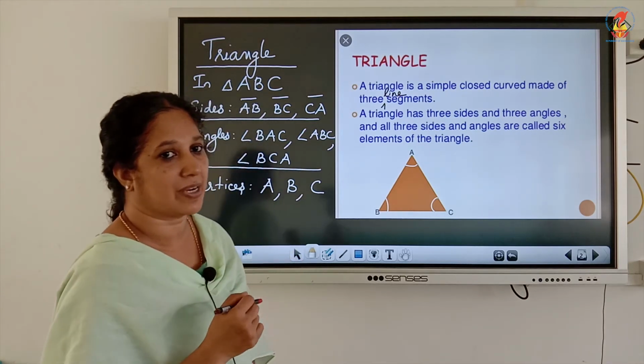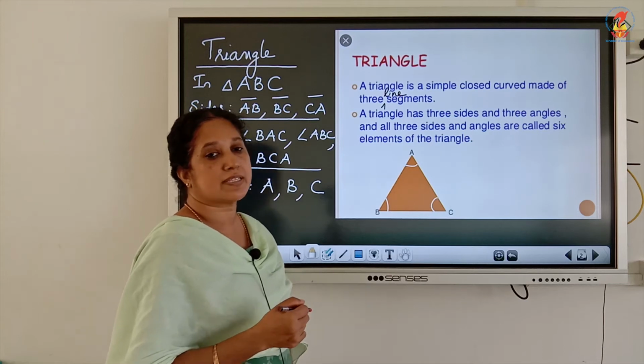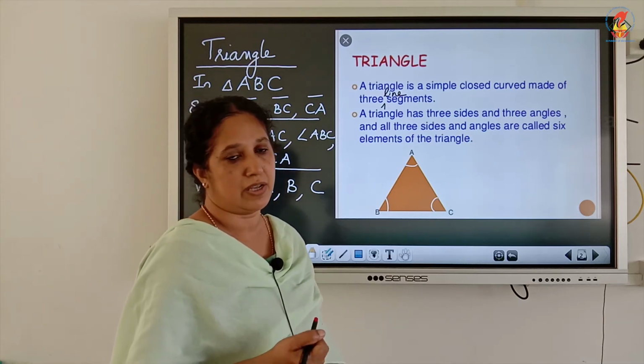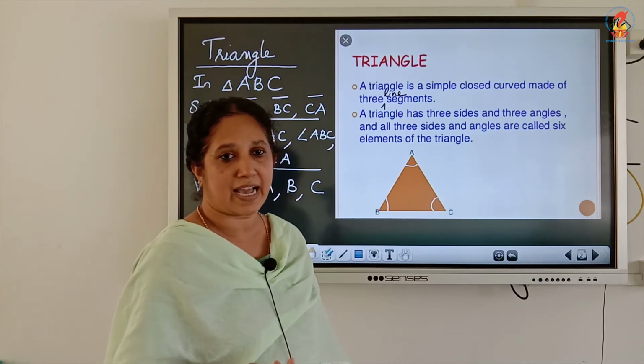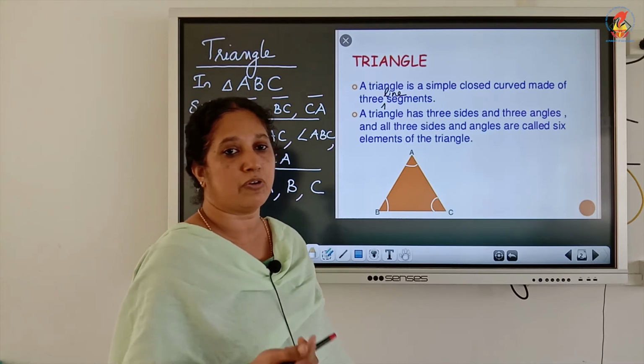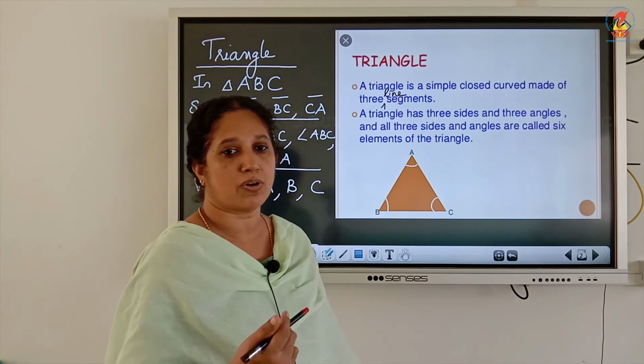So the 3 sides and the 3 angles of the given triangle are known as the 6 parts or 6 elements of the triangle.